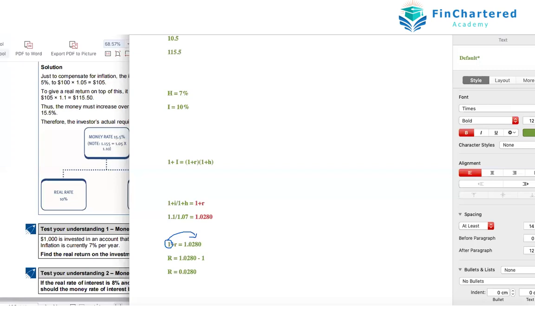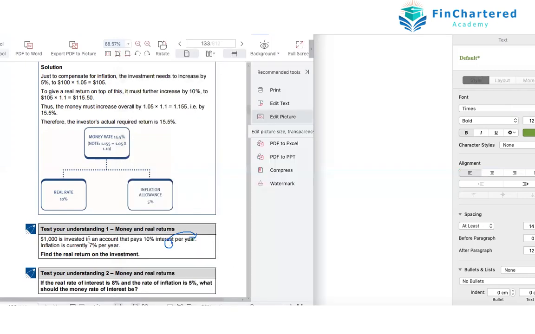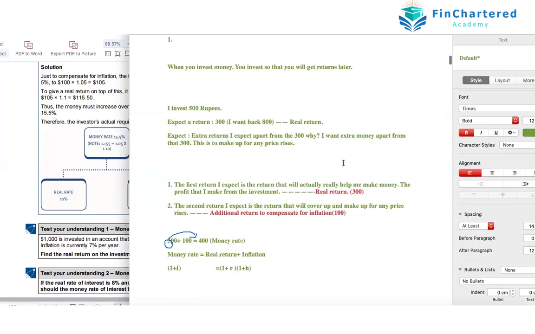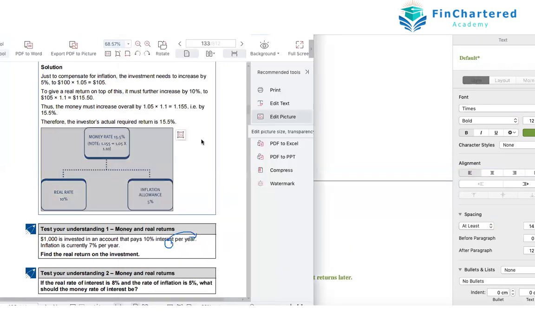And if you want this as a percentage, you simply multiply with 100. So 0.0280 multiplied into 100 is 2.8%. Therefore, the answer to test your understanding 1 is 2.8%. It's really difficult to get something easier than this.